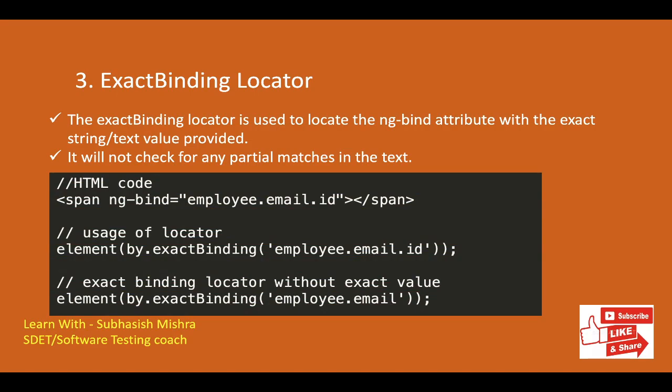Here we have also taken the same example and let us see how to use it. If you find a ngbind attribute, you can use the element function and then by.exactBinding and then pass the exact value. You have to give the exact value here.